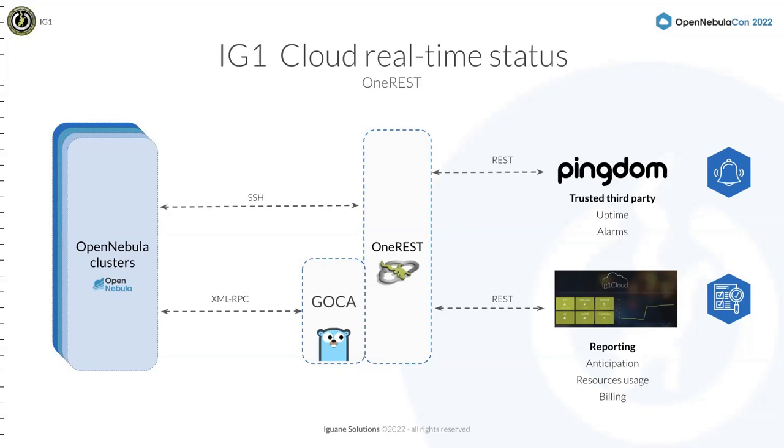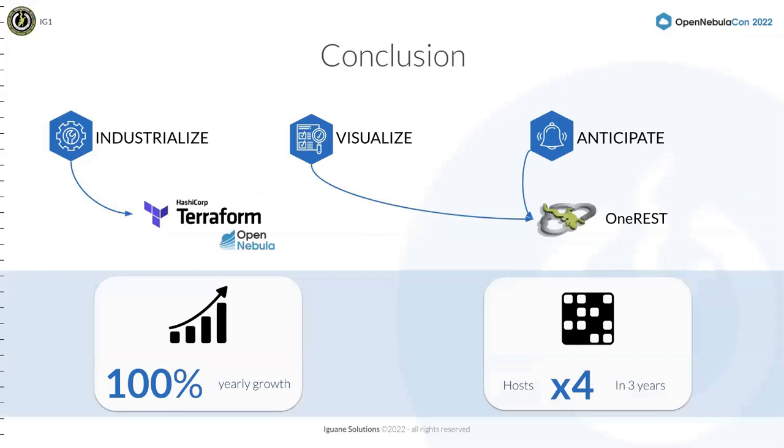So as a conclusion of this meeting, as I said, we had 3 major problems: industrialize, visualize, and anticipate. For the industrialize part, we decided to use Terraform to standardize our deployments. And for the other one, we developed a homemade API. Both tools used the Goka.